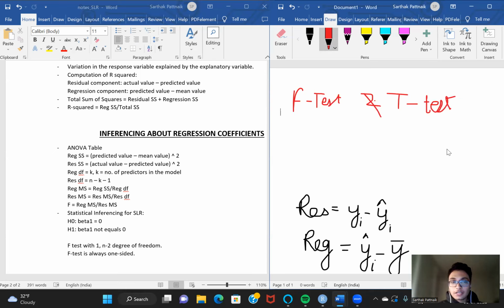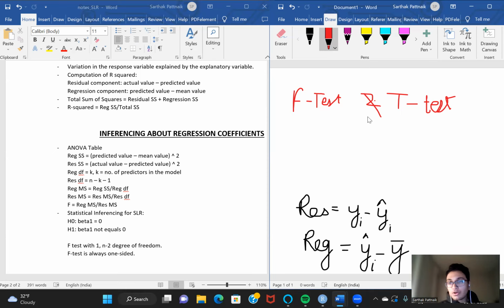These are the two ways in which we will conduct the hypothesis testing or statistical inferencing of our regression coefficients. Now, first we'll discuss F test, and in the next session we'll be discussing T test. So let me start the discussion for F test.